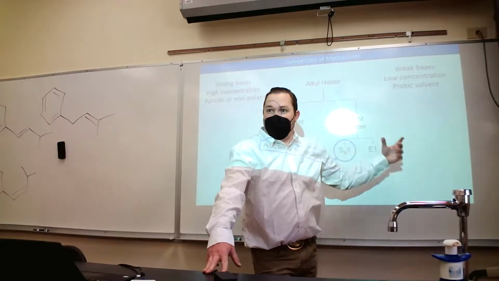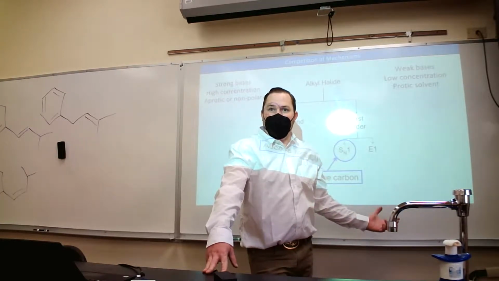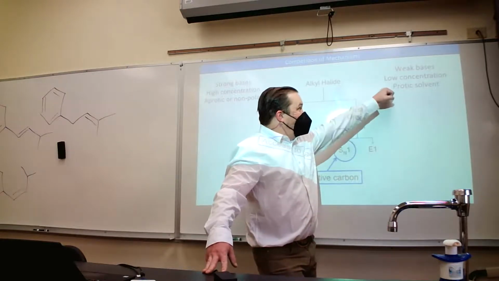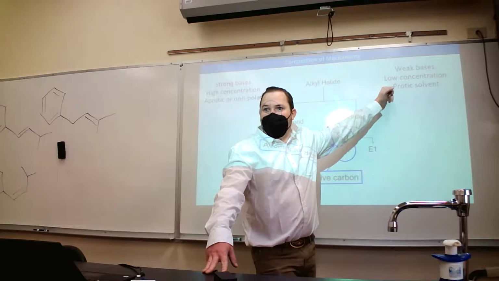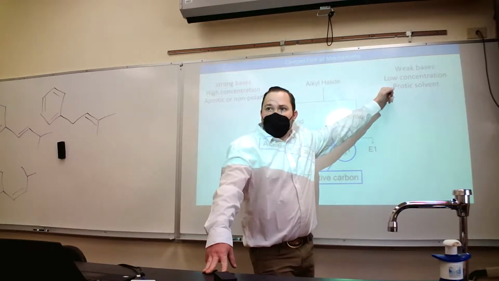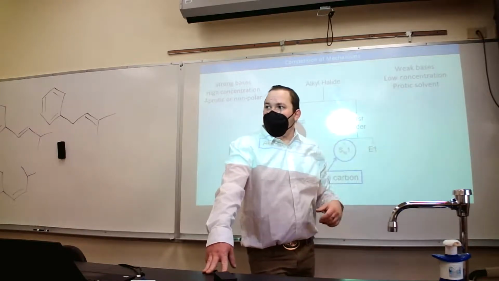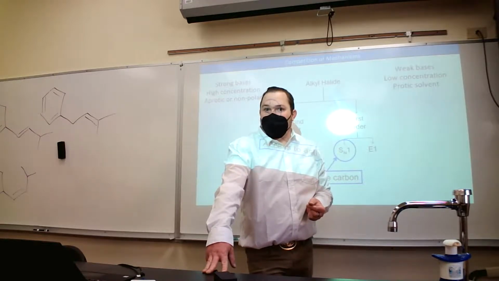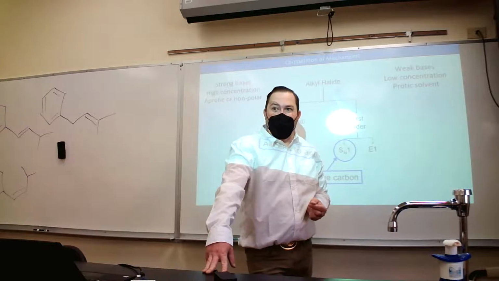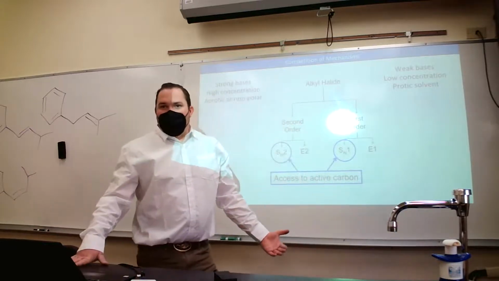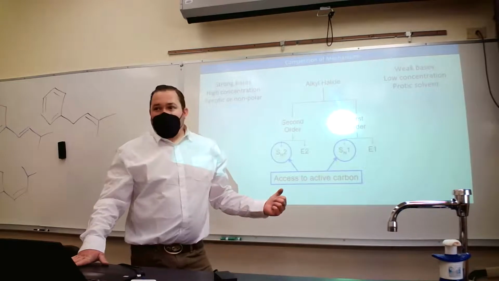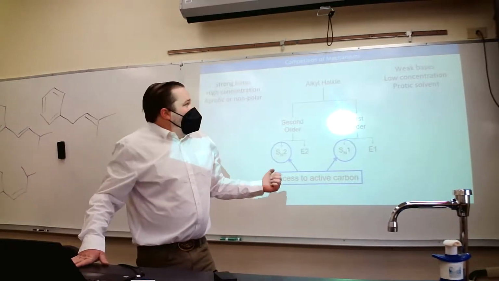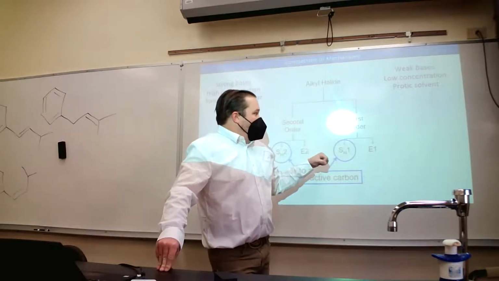Especially if you also have a weak nucleophile or a weak base. So if it's a protic solvent and you have a weak base, weak nucleophile, that's that question mark box that was over on the right of the colored chart, where it's like, okay, well, it's not going to go concerted, but you can get some of the first order reaction happening. It'll be a lot slower typically, but you can see that happening.